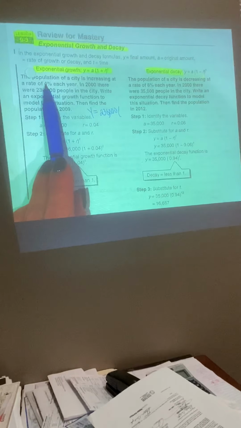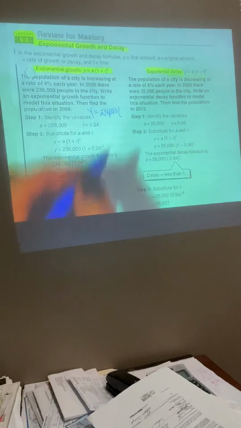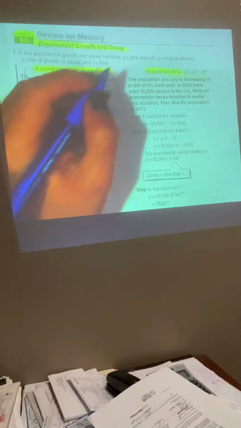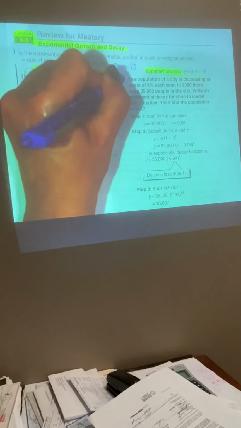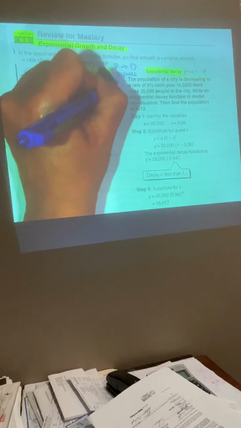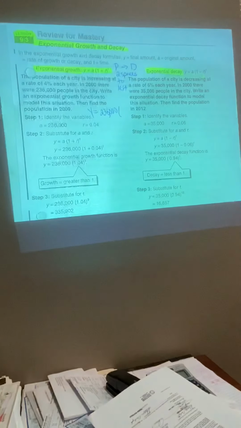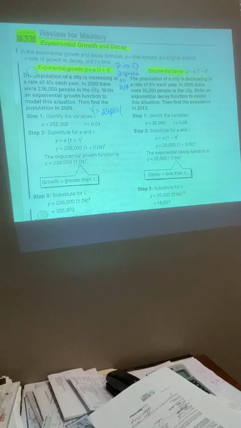To go from percent to decimal, you have to move it 2 spaces to the left. Why do we say 2 spaces? Because percent means 100, and 100 has 2 zeros, 2 spaces.